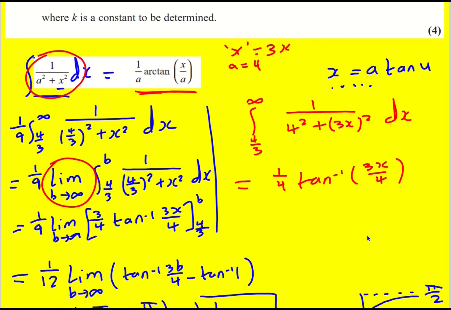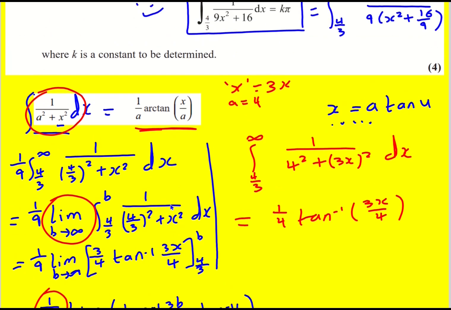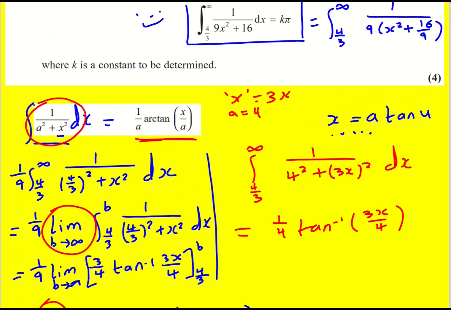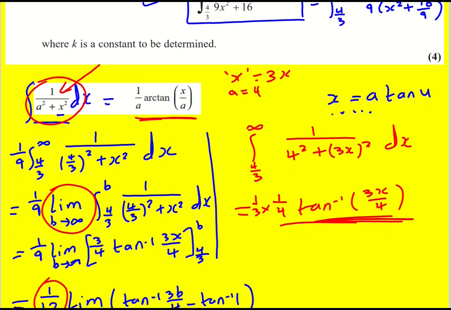Now, this is not quite the same as what we got over here because we got a 1 over 12. The reason for that is that we also have to divide through by 3. Because when you differentiate this back, you would deal with the inverse tan, but then you would multiply by the derivative of the inside, and you'd end up multiplying through by 3. So we can replace x by 3x, but we must then divide by 3 after.